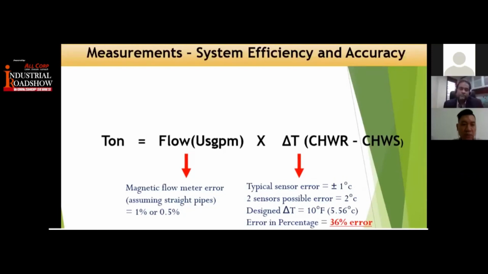So normally we will use thermistor probes, which are plus or minus 0.01 degrees C. So two sensors, right? Possible error is only 0.36%, right? So for the initial one, you can just base on this, and then when you know there's a potential of big saving, then you must engage the right people with the right tools to do all these measurement works.